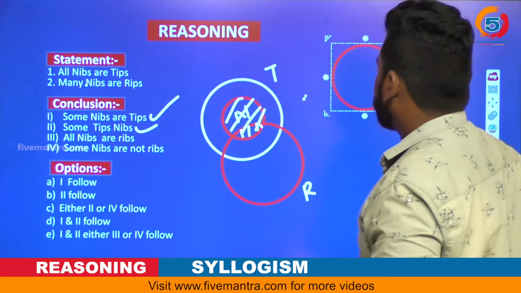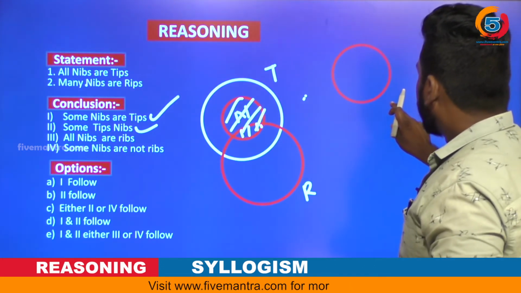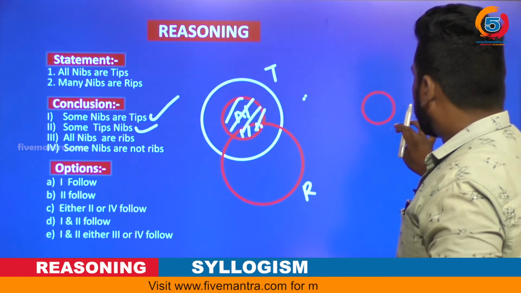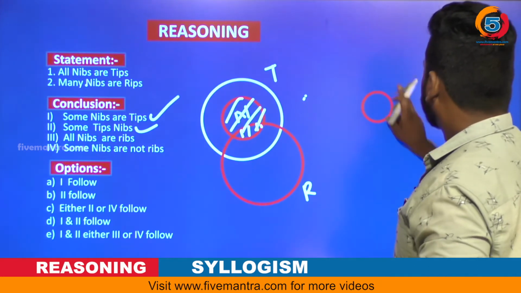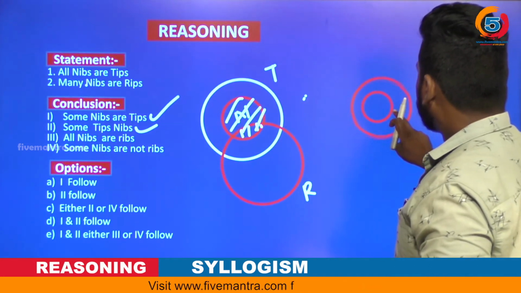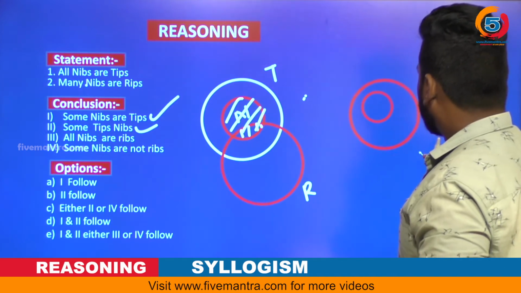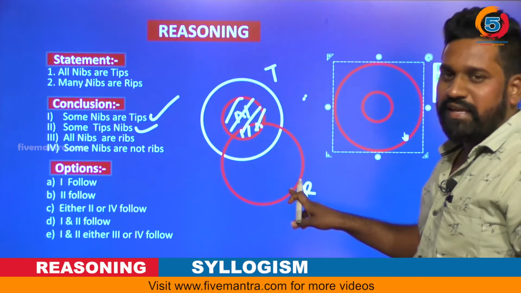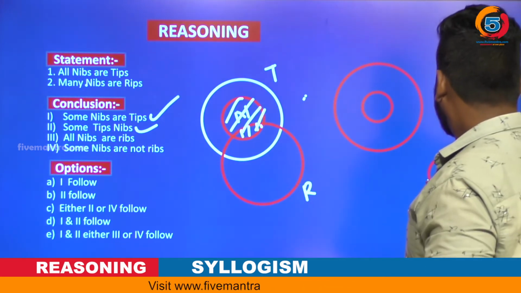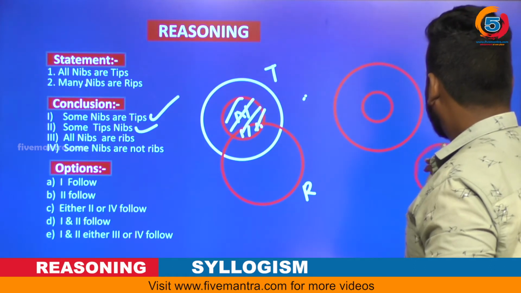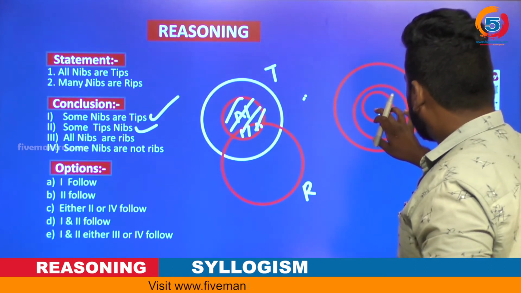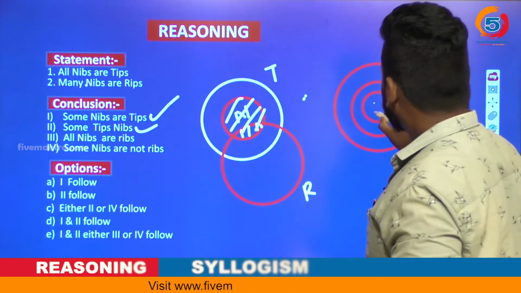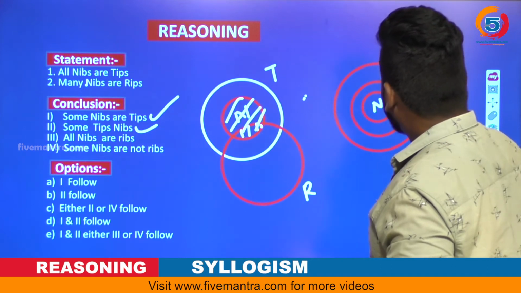Suppose this is the nips circle, and one more you can take, this one becomes tips, and one more circle I am taking, that is rips. So this is nips, this is tips, and this is rips.